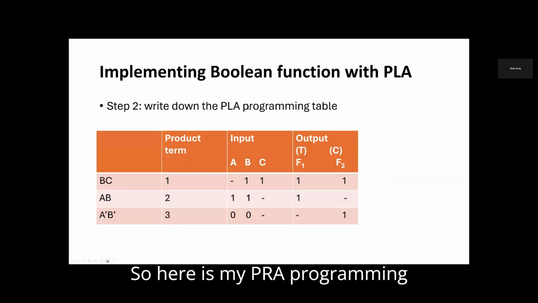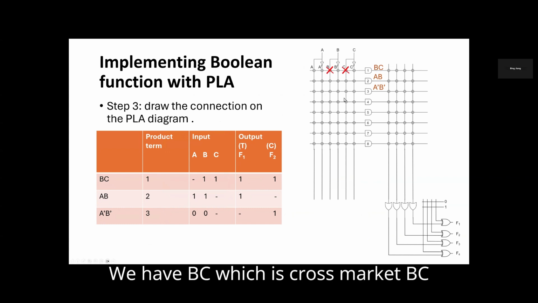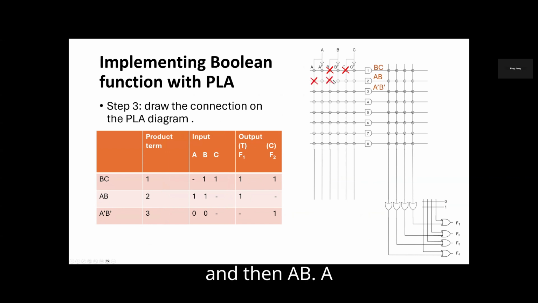So here is my PLA programming table, and then I didn't finish. Oh, so we have BC and then AB, A prime, B prime.